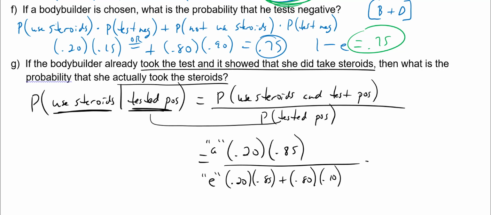So basically it's 0.17 divided by 0.25, and that gives us 0.68. Okay, so I definitely spent a lot of time here, like 23 minutes on this, but this is an important topic, and you've got to know this for the final exam. So you got to know it for the quiz, for the test, for the final. It's on there.